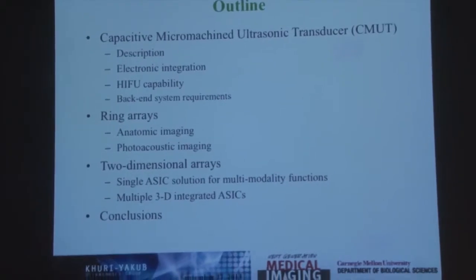I'll talk about the HIFU capability of the CMOT and why we think this is relevant, important, and advantageous over piezoelectric systems. And then, unfortunately, we also have to build the back-end system ourselves, because we can't go out there and buy a back-end system to do what we want to do, especially if we're using a 2D array of any sort, shape or form that is out there.